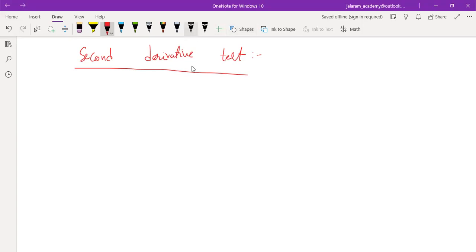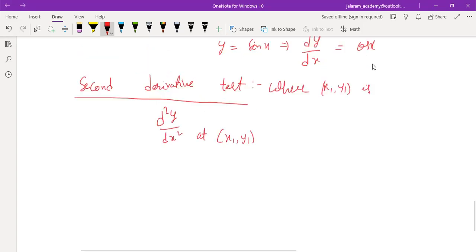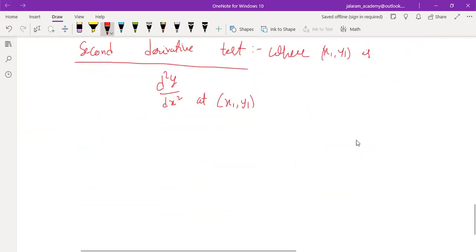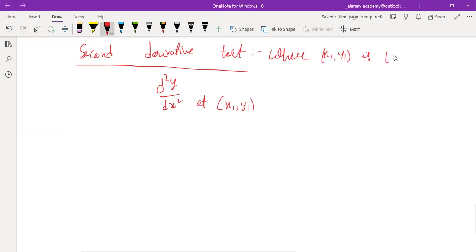So how will you use the second derivative test? In this, we first find d2y by dx square, and then we find d2y by dx square at x1 comma y1, where this x1 comma y1 is the turning point, which we have already detected using dy by dx equals 0.